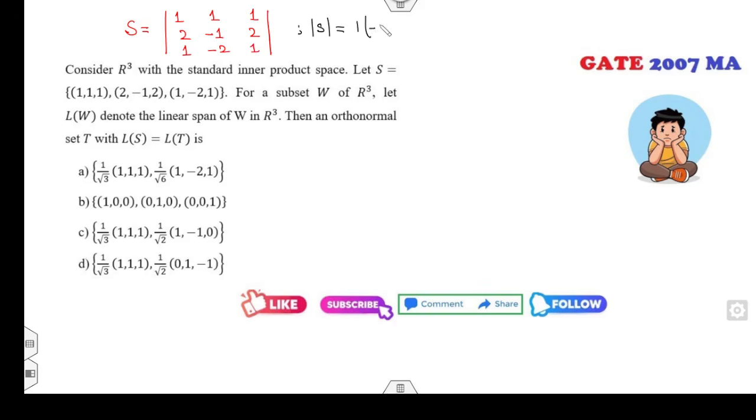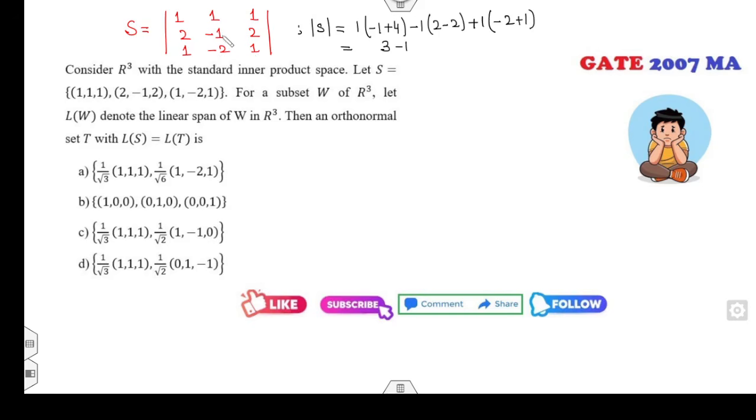It is 1 into -1 + 4, -1 into 2 - 2, + 1 into -2 + 1. कुछ गलत तो नहीं लिखा, फाइन। कहीं गलत हुआ है लिखने में, 2 -1 2, 1 -2 1.